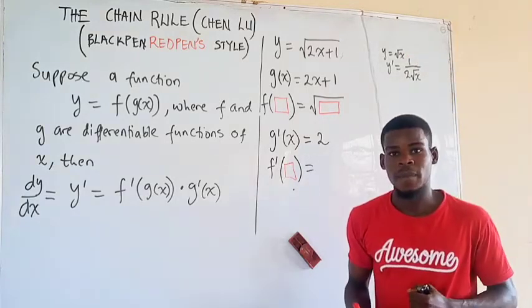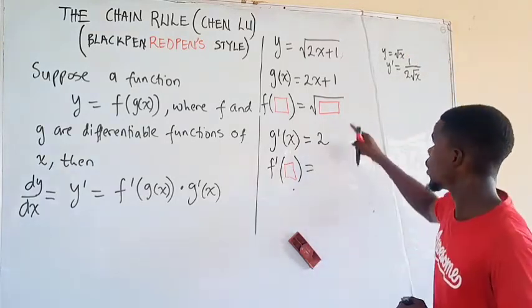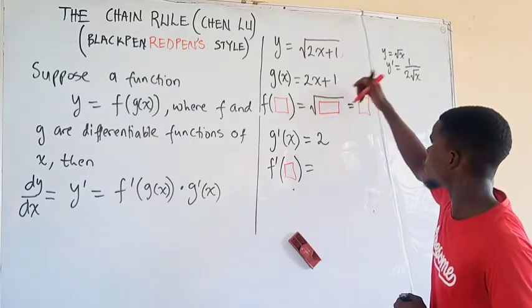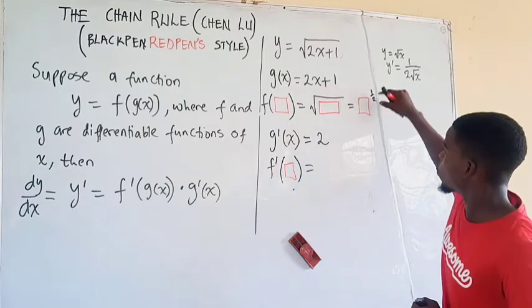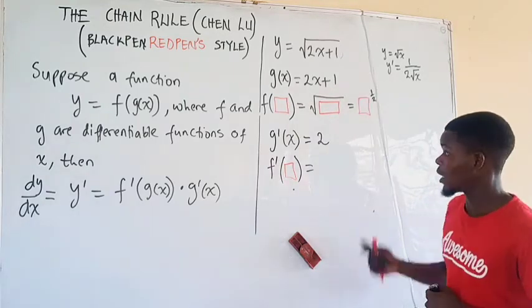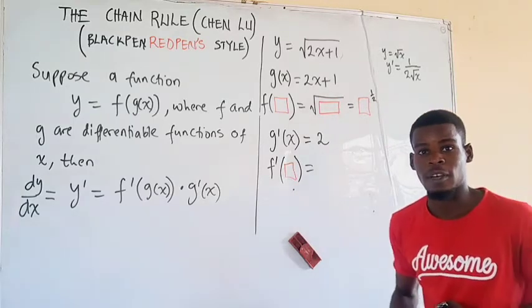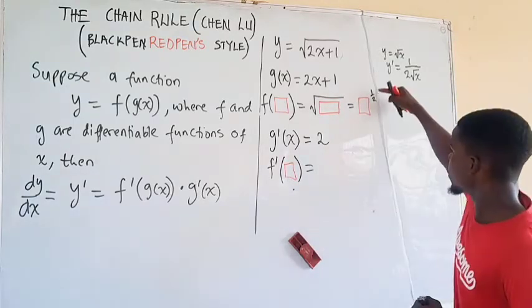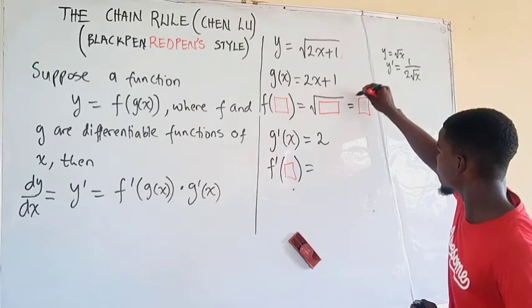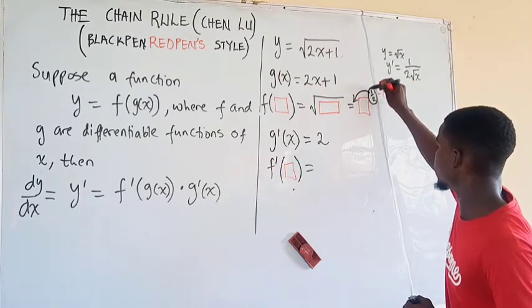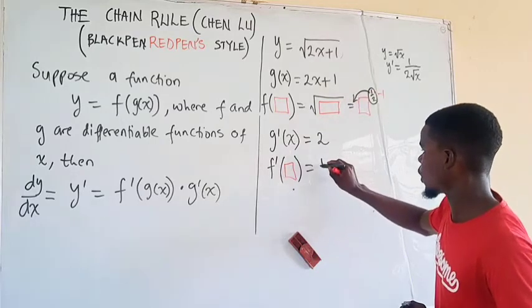But anyway, let me just put it down for you real quick. This right here is the same thing as the box raised to power 1 over 2. So 1/2 takes care of the square root as a power. And then to differentiate that, we need to make use of the power rule, which is bring this one to the front and then subtract 1 from the power. So you're going to bring this right here to the front. That is going to be 1/2.